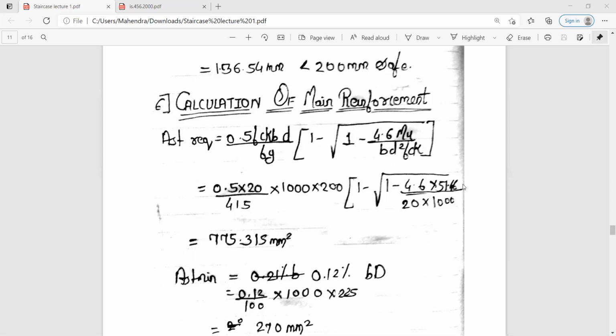Here multiply the moment by 10 raised to power 6 and also substitute the value for D, that is upon into 200 square.